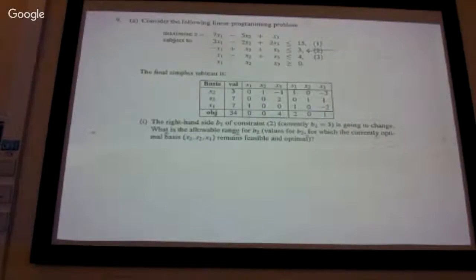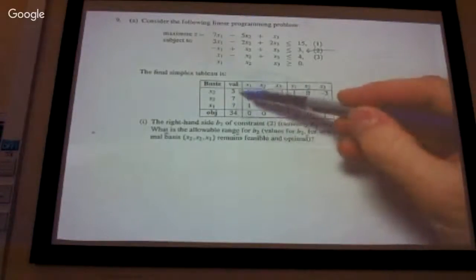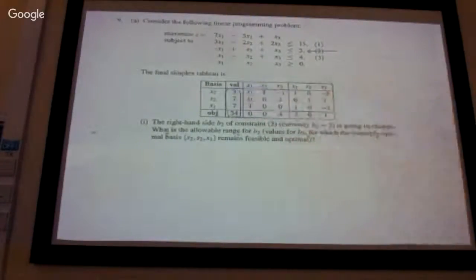I think Dante said it in the previous one, and it's only this bit, okay? So the only thing that is going to change in the tableau is that. Now, what is it going to change to?